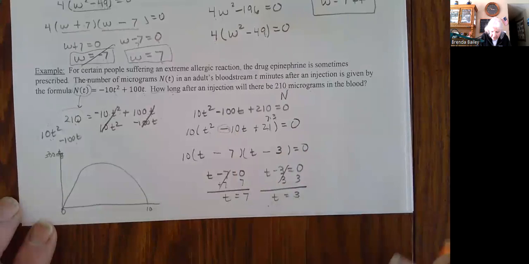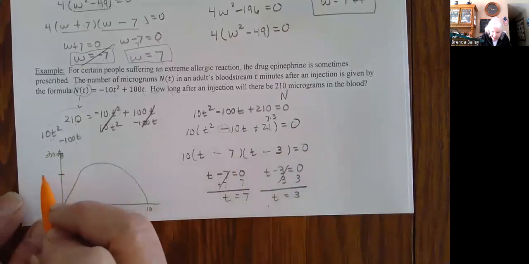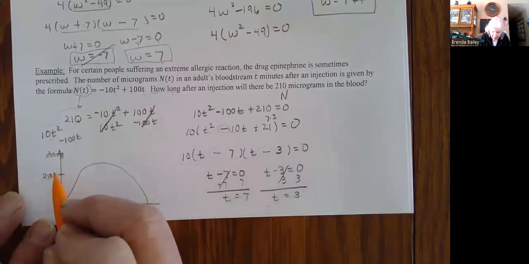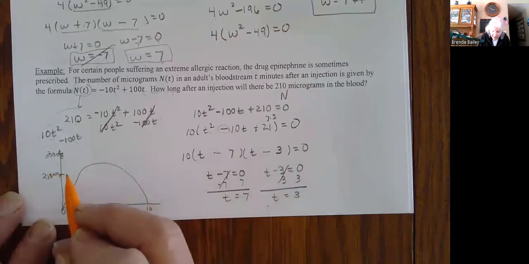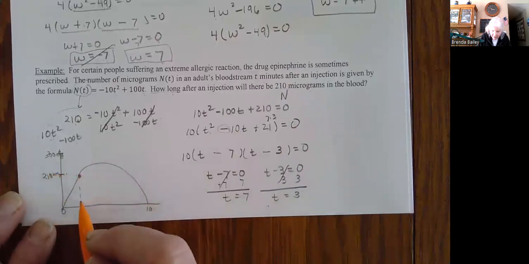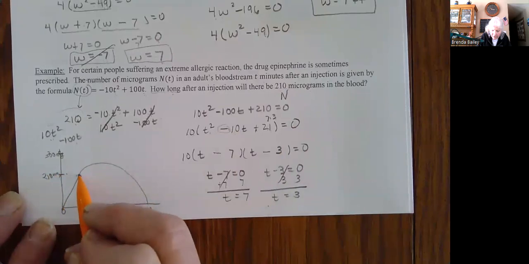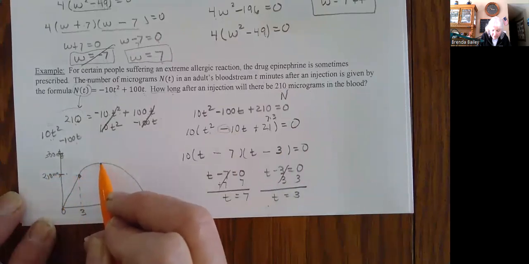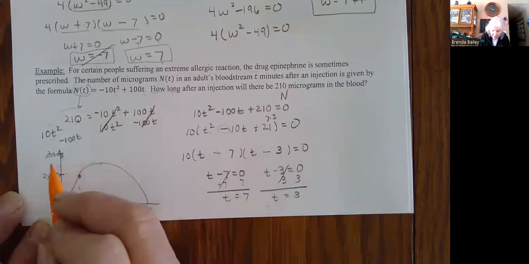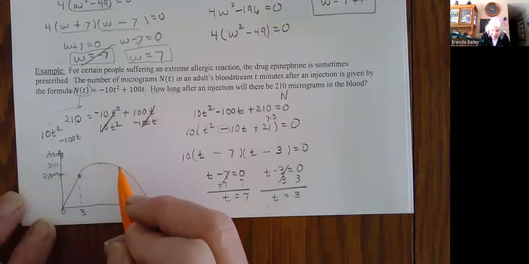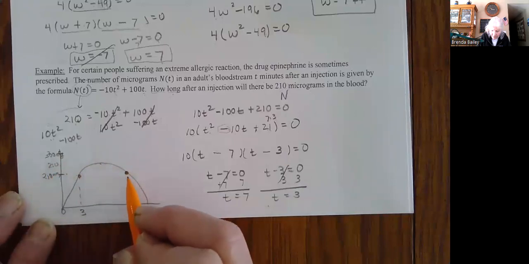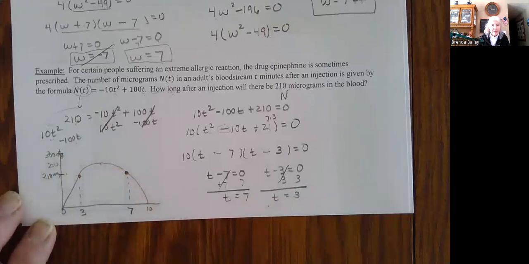So what happens is that at 210 micrograms, here at 3 minutes on the way up, then you go up to 250. It's right about here. And then it comes back down at 7 minutes.